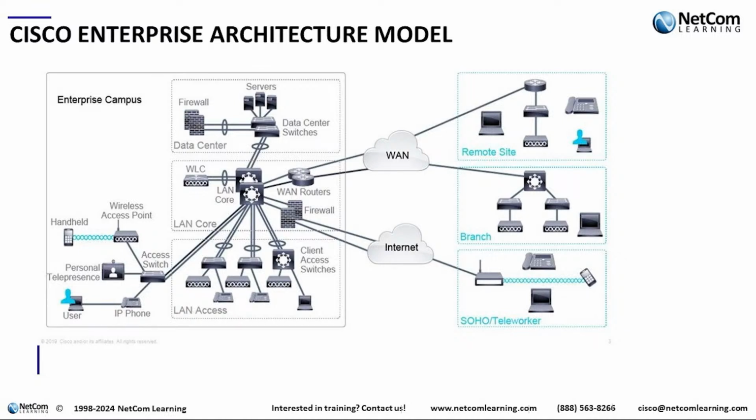The next module that we'll find in the enterprise campus is what we refer to as the LAN core. This is where the high performance switched backbone is located that connects the buildings to various parts of the campus, as well as providing access to the corporate network across the wide area or the web for remote sites, including branch offices and small office, home office, as well as our mobile workers.